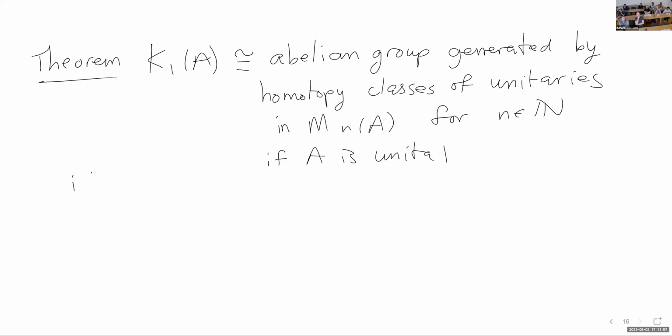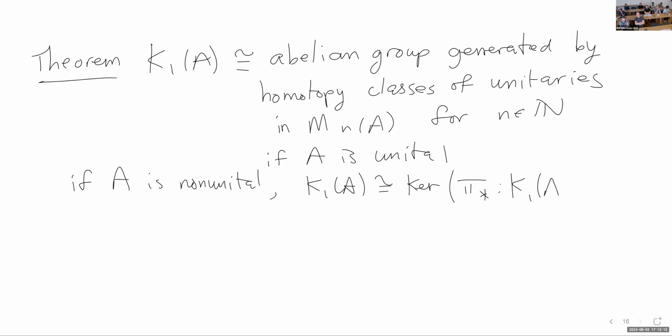And if A is non-unital, K1 of A is isomorphic to the kernel of this map, from K1 of A tilde to K1 of C, which is 0. So this is why it'll turn out that it is in fact isomorphic.